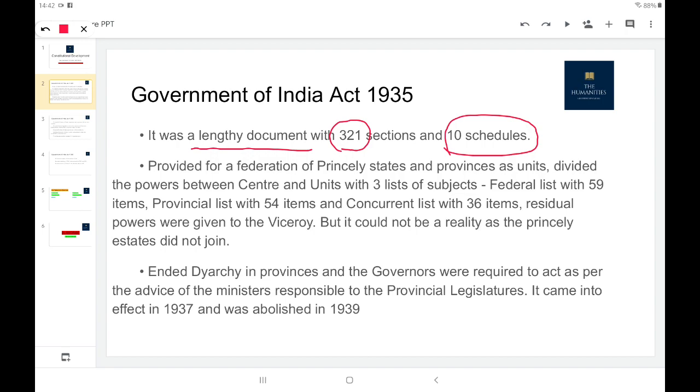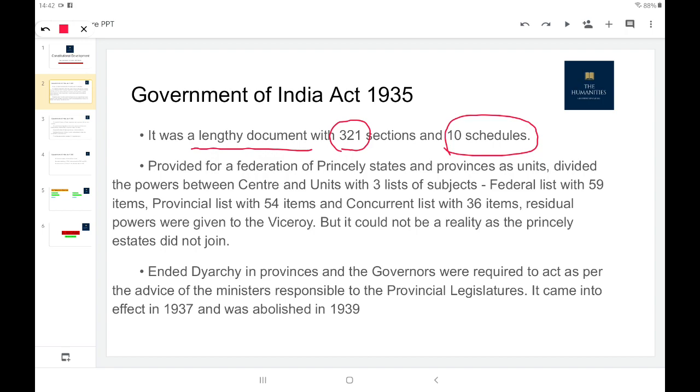So only the provisions related to the provinces could be passed, but the provisions related to the central government or the central administration couldn't be implemented. We will read about them as well, and they will also be asked in the examination, but be clear that they were not implemented.